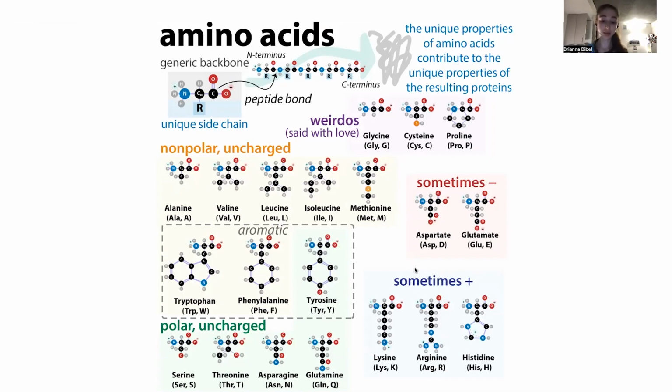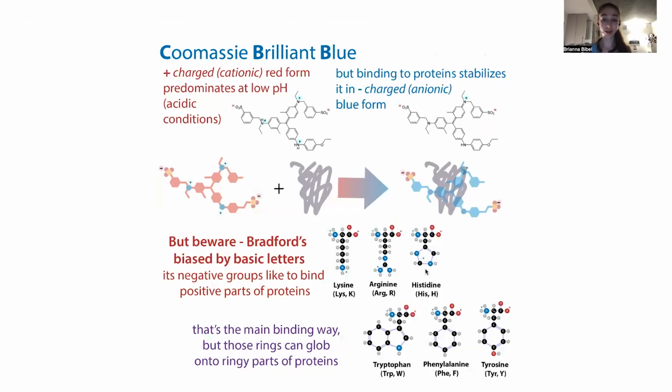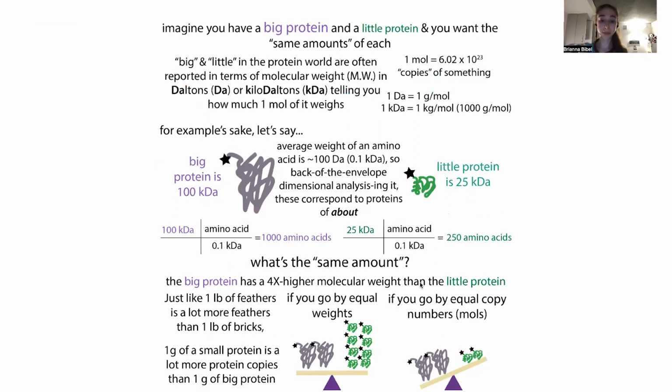Just as with some proteins having more of these letters that offer more binding opportunities, in general a longer, bigger protein is going to have more opportunities for binding than a smaller protein. So with the smaller protein, you're going to need more copies to get the same amount of signal, because you'll need more copies to get the same mass amount.